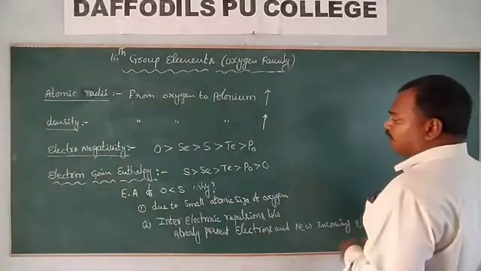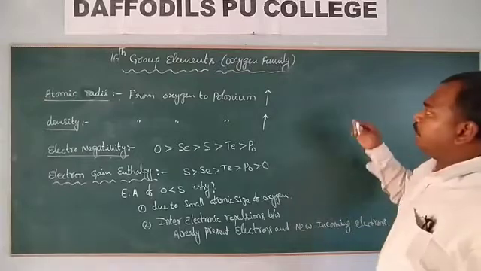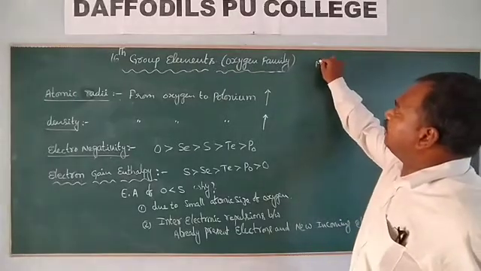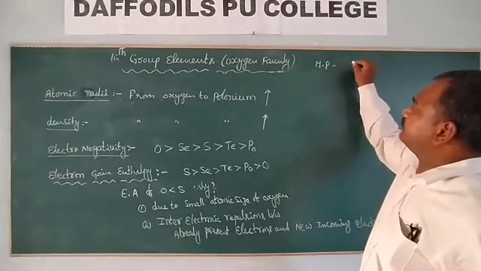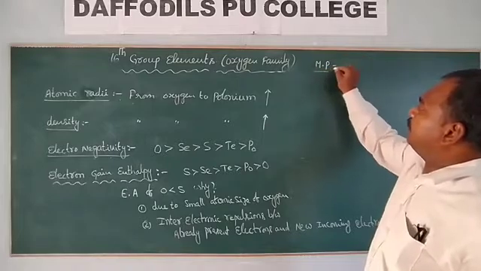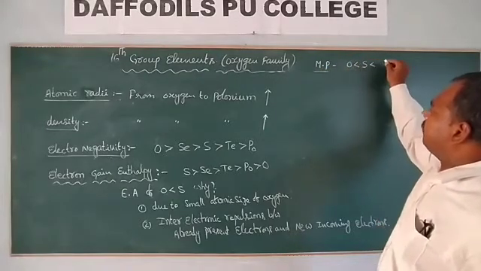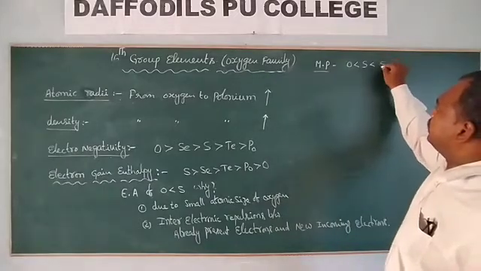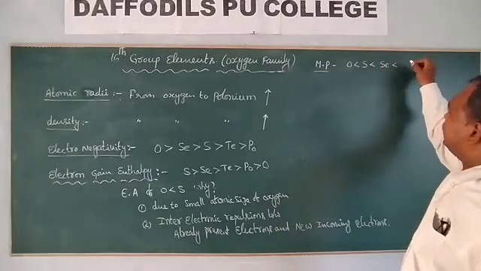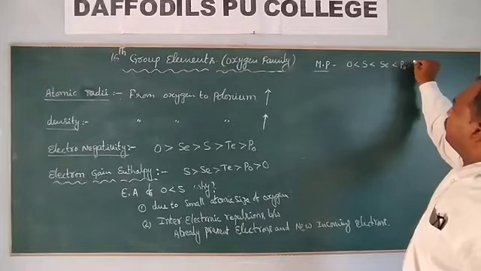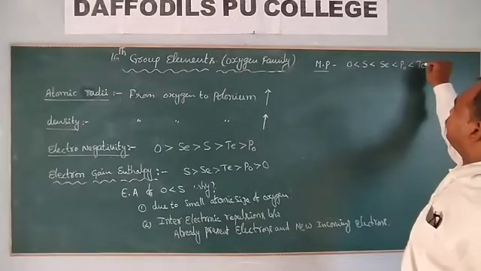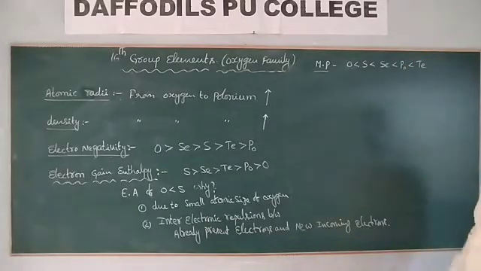Next, what about the melting points and boiling points? Let's look at the melting point. Melting point of oxygen is less than sulfur, sulfur less than selenium, selenium less than polonium. The highest melting point is for tellurium.